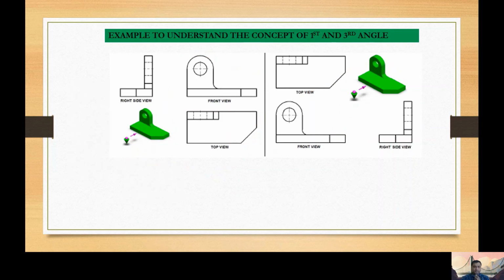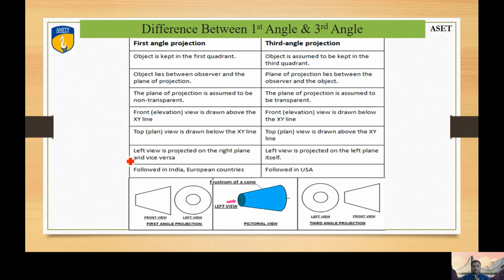Okay. Now, these are the differences between the first angle and the third angle, just what I have told you, and the last is the description of the first and third angle. You can go through the differences. In the first angle, the object is located in the first quadrant, and in the third angle, the object is located in the third quadrant.